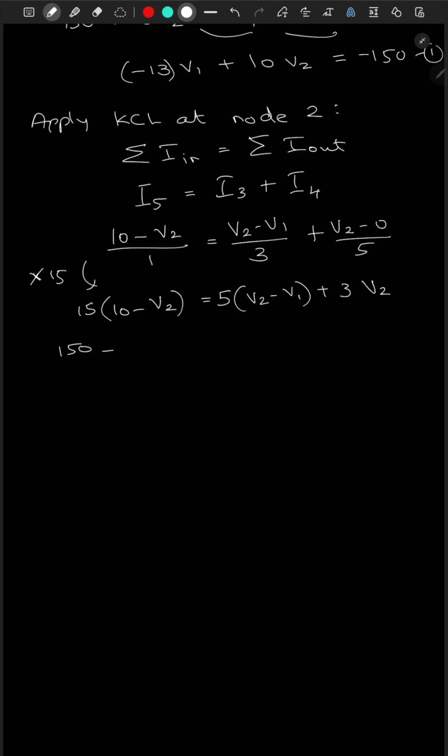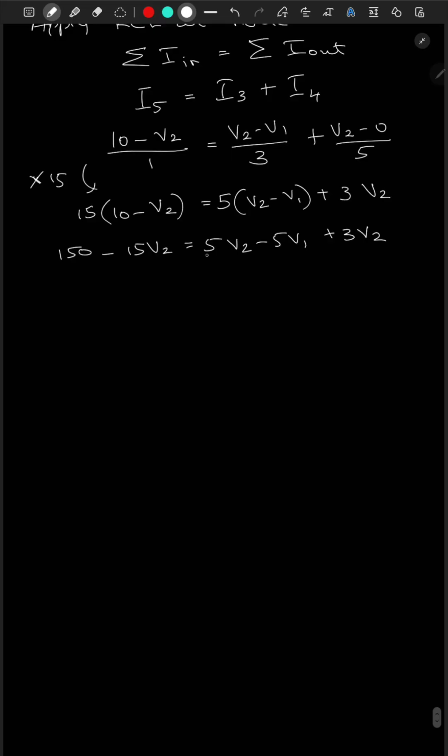So 150 minus 15 V2 equals 5 V2 minus 5 V1 plus 3 V2. Again, here we have V2 and V2 over here, and we have 15 V2 on the other side.